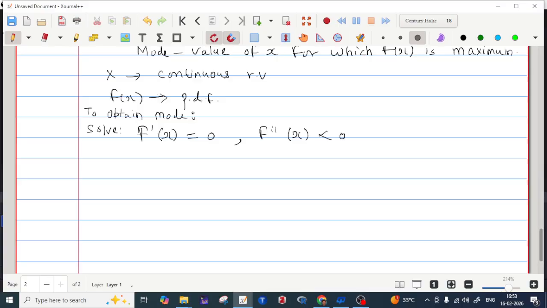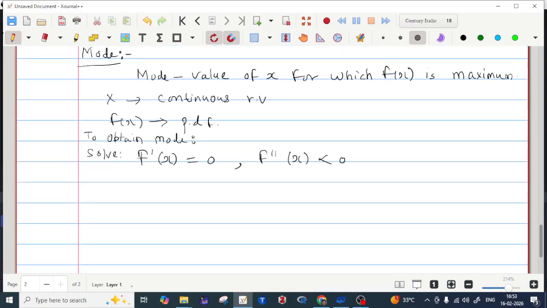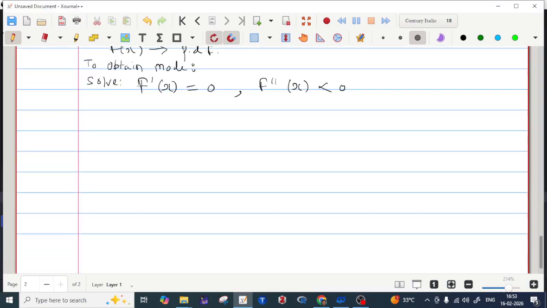First solve f dash of x equals 0. Whatever roots we obtain by solving this equation, that value of x is the mode for which f double dash of x is less than 0. That's it. This is the definition. Let's solve one example based on this mode.